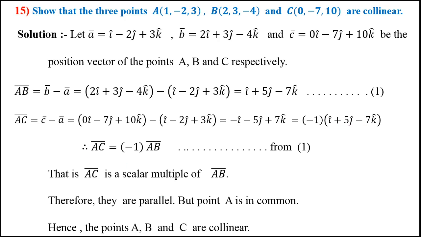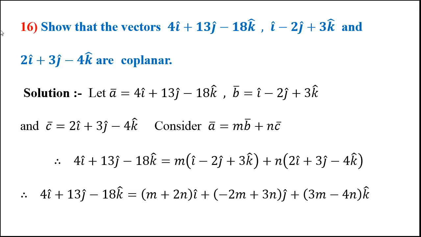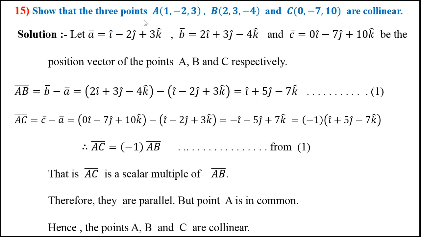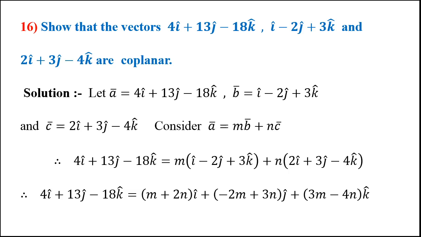Okay, now next sum, show that three vectors are given and we are asked to show that these three vectors are coplanar. Now what was last problem? 3 points collinear.